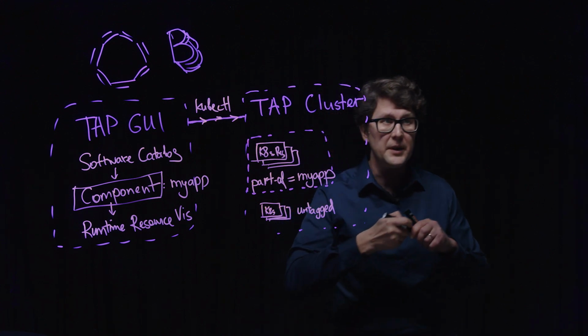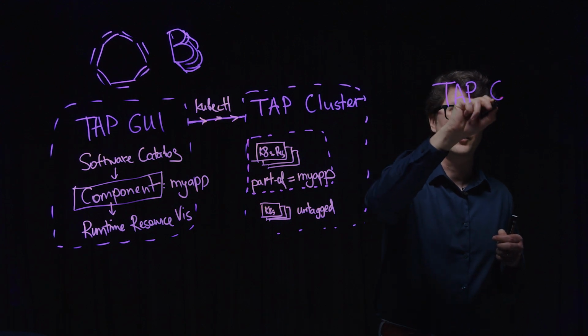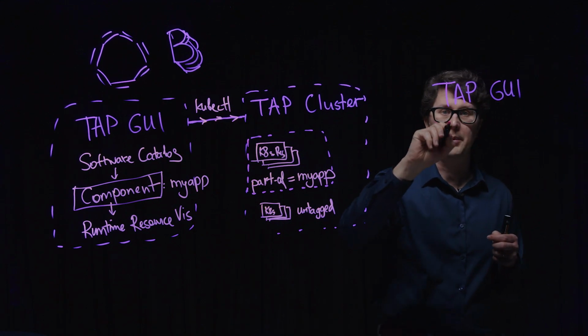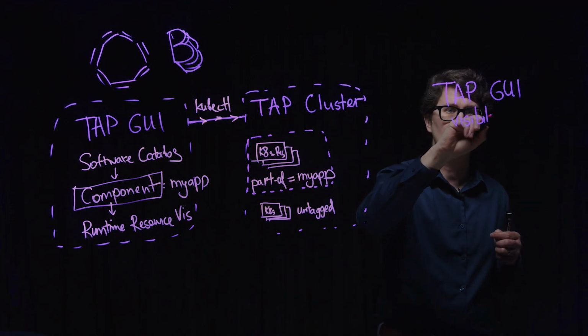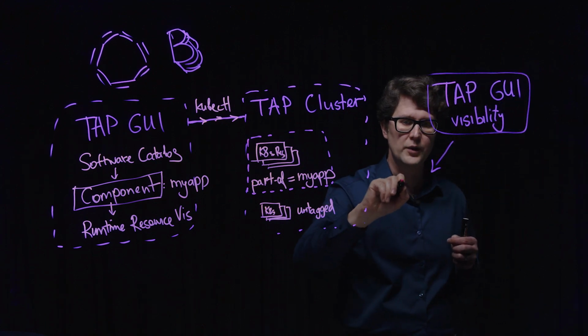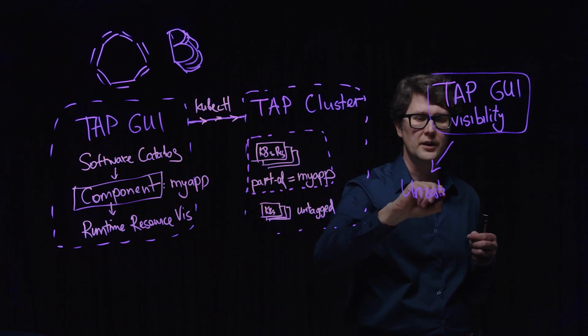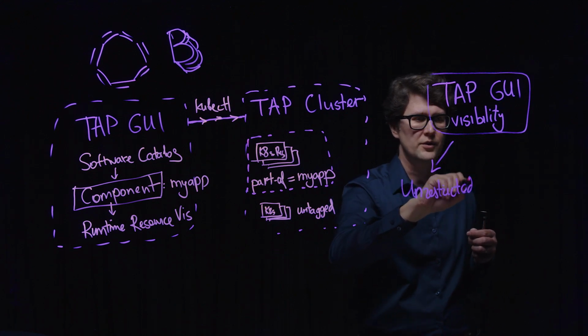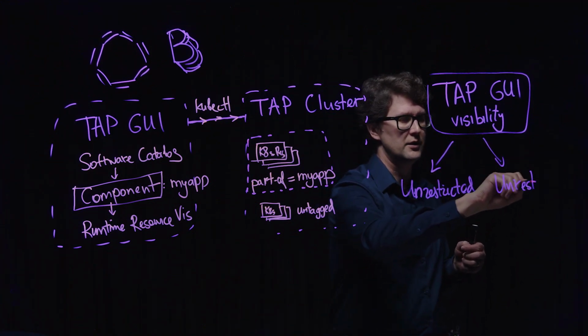And for that, let me draw two different options where TAP GUI visibility can be organized. I'll break it down into unrestricted and restricted.